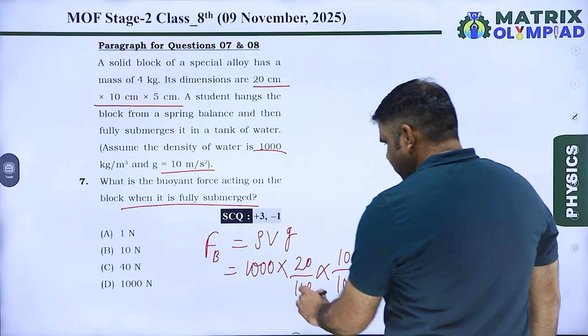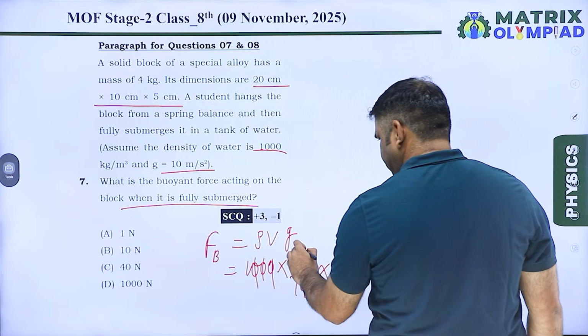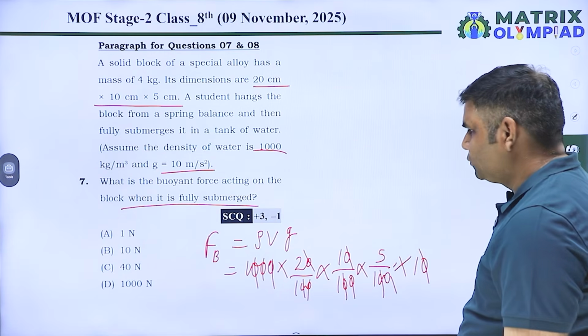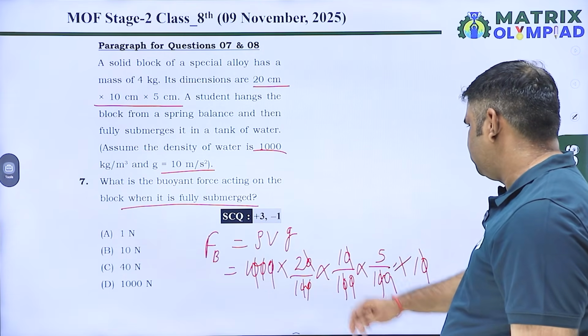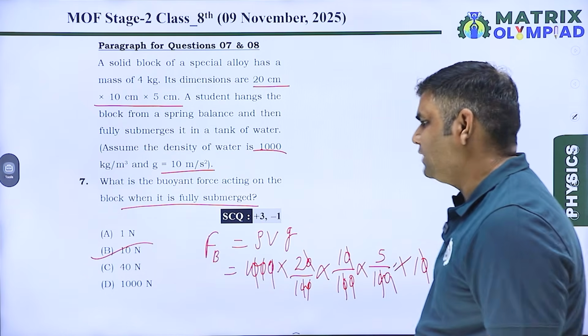So if we calculate this, 5 2 ja 10. So 10 Newton will be the correct answer for question number 7.